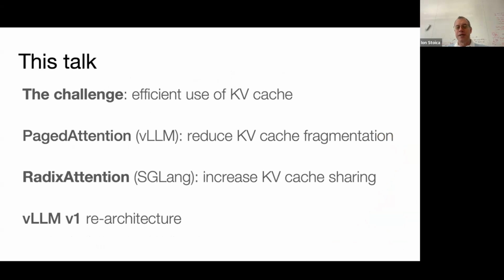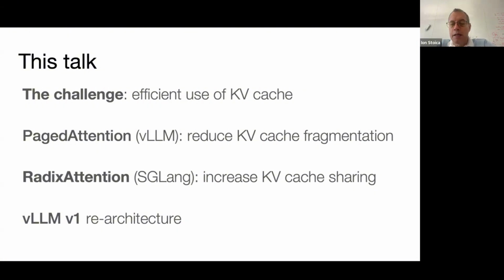So this talk is about the challenges. One way to formulate the challenge is the efficient use of the KV cache, the key value cache. And then I'm going to talk about two techniques, in particular PagedAttention, which was the core of the vLLM paper, which aims to reduce the KV cache fragmentation and obviously increase the usage of KV cache.